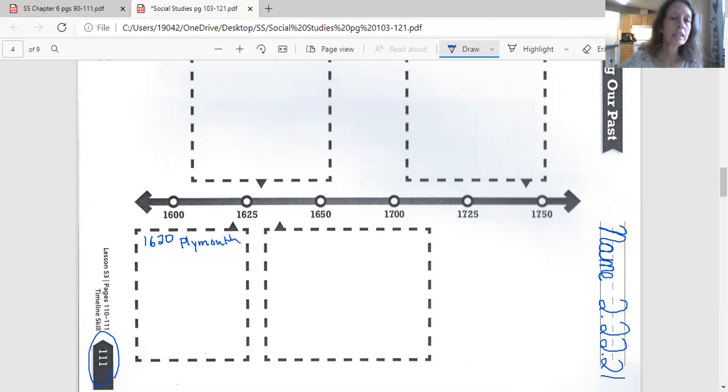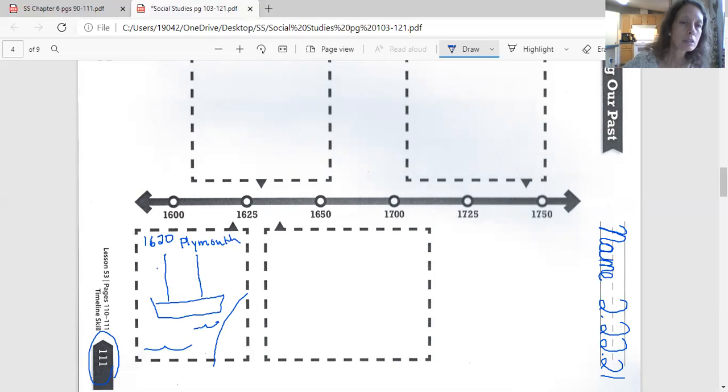Okay, and they give me a picture here. I'm just going to draw it really quickly, of a boat. Big ship on the water. Got two big masts, and it's got two sails.